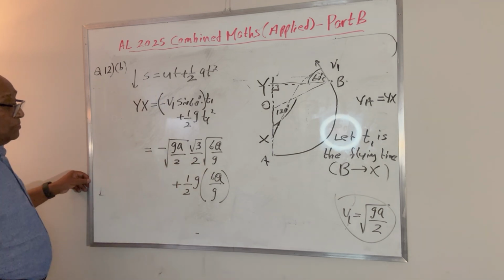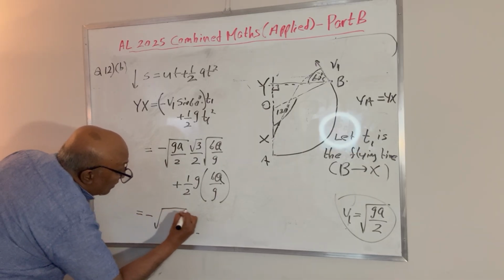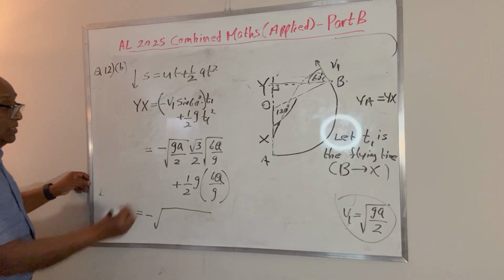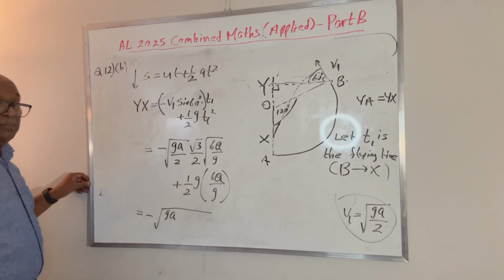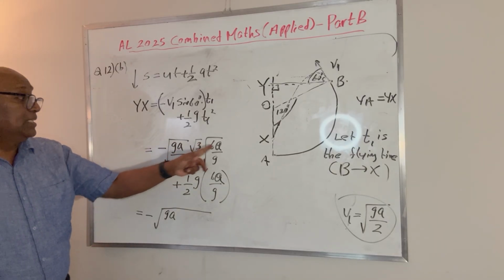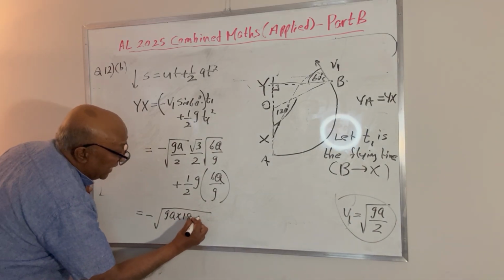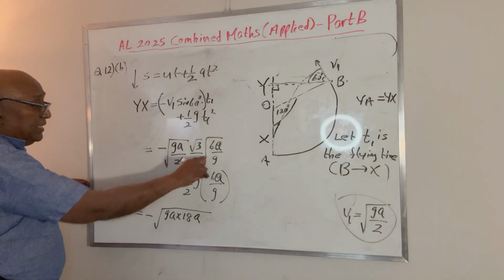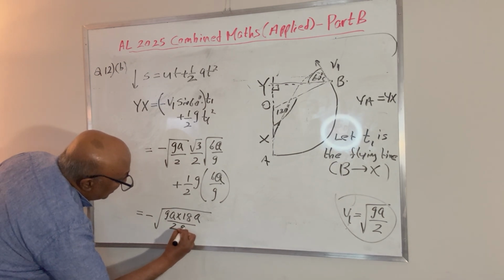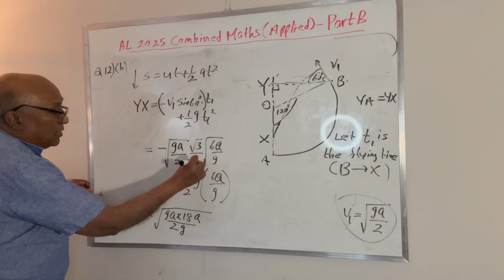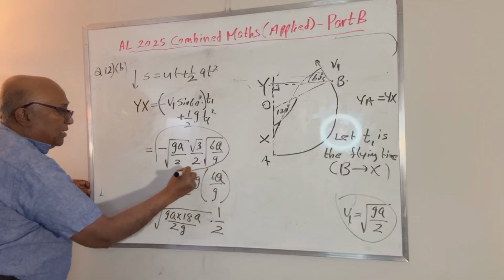Let's write everything under a single square root, then it is easy to understand. g a times 3 times 6a, that is 18a. So ga times 18a, root g, root 2, that is under the square root. Half is outside, that is for the first part. I simplified this first part.